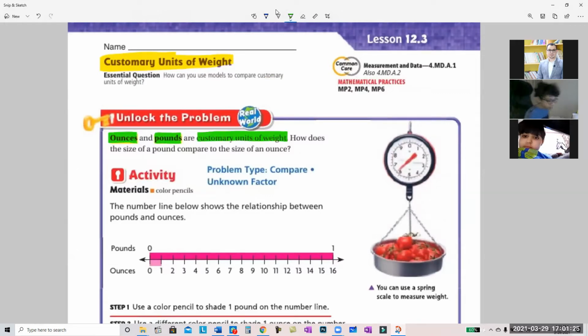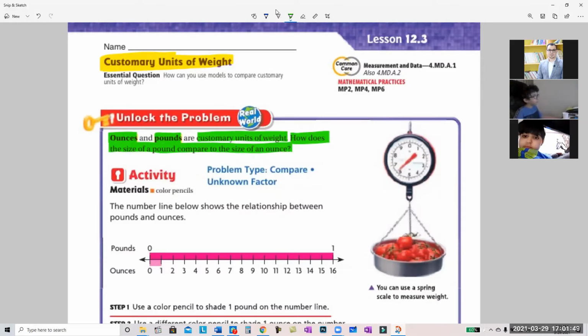So we have two units of weight in this problem, ounces and pounds. Okay, the question is, how does the size of a pound compare to the size of an ounce? So let's compare between a pound and an ounce.